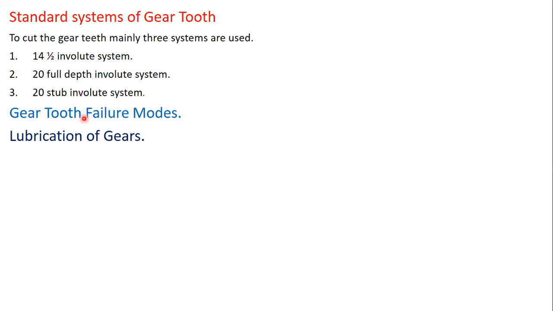And we'll see the failure modes in the gear. The main two reasons for failures are, the first one, breaking of the tooth due to static and dynamic load. Because of the static load or dynamic load acting on the gear, the teeth will break. That is the first reason.